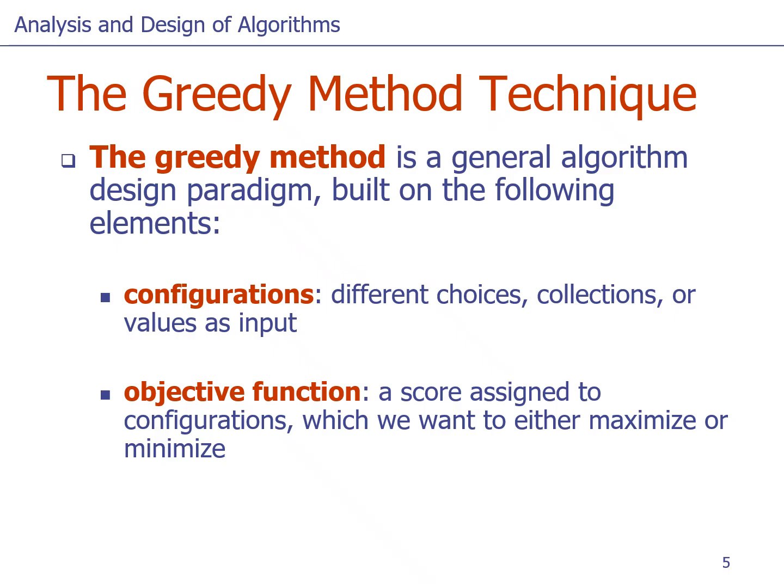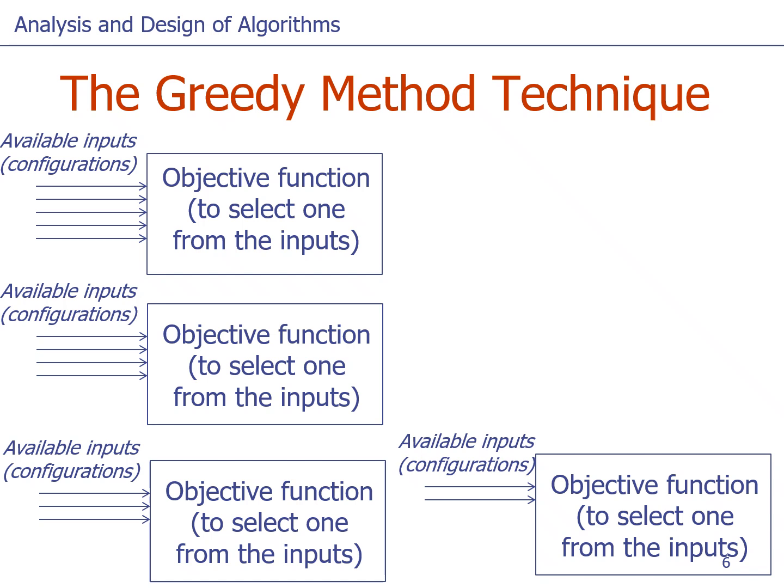The point with greedy, again, is that, as the slide I have shown you before demonstrates, you continuously pick from the inputs until the inputs are done. So you have to model the problem this way, okay? You have to imagine that you have your inputs ready, you have an objective function that's going to pick one of them, and when you pick one of them, that one disappears from your input list, and ultimately you keep running the objective function on the available inputs until there are no more available inputs, and then you're done, okay?